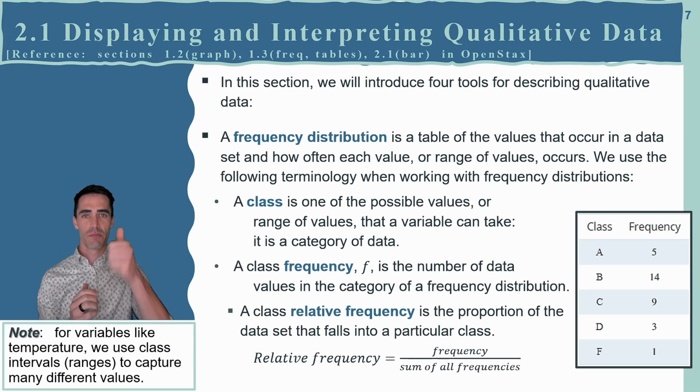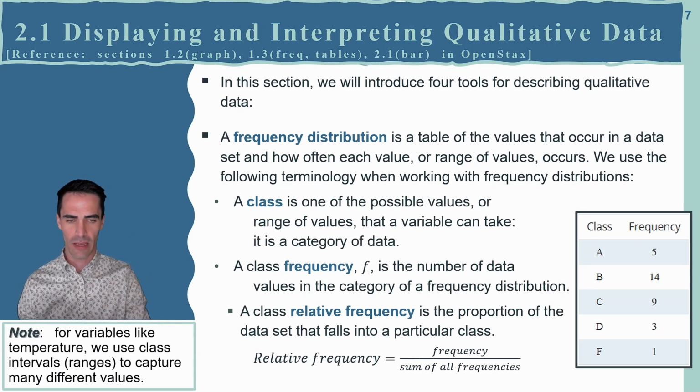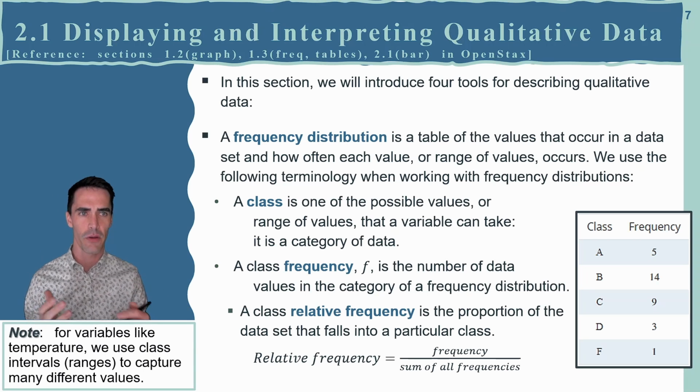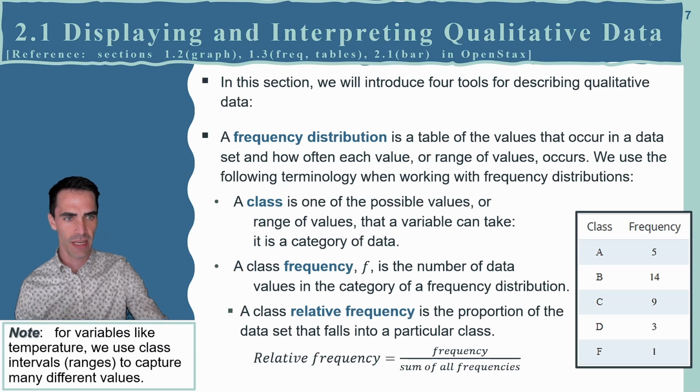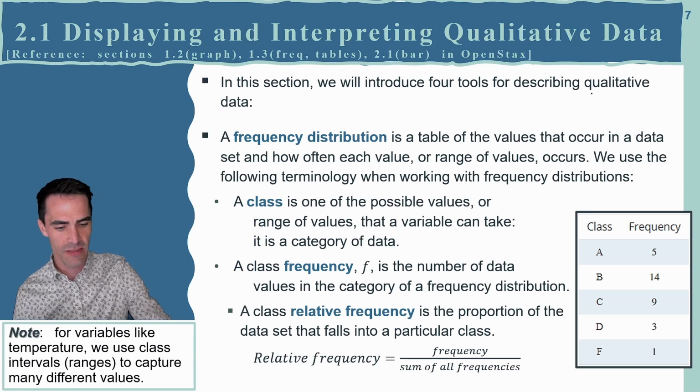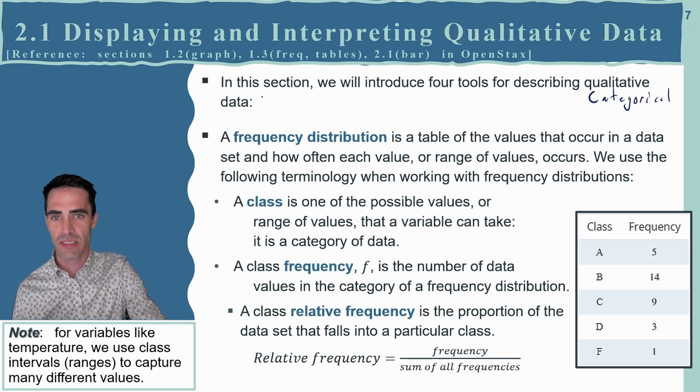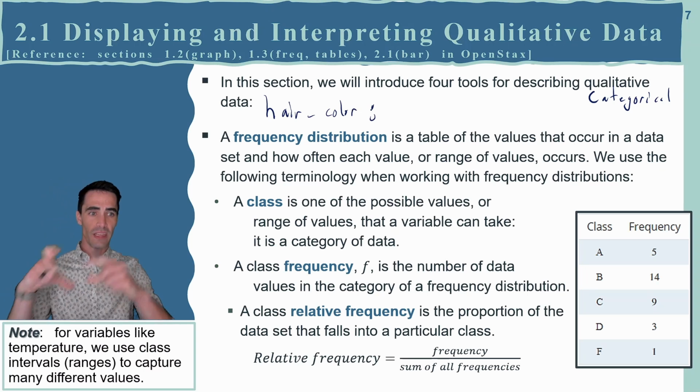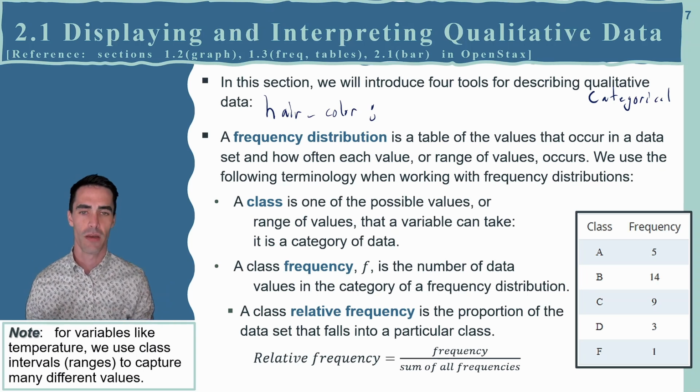So I want to talk about displaying and interpreting qualitative data. And the first question to bring up is, okay, what do we mean by qualitative data? You'll remember qualitative data is data which is categorical in nature. Some examples might be something like hair color is a good one. Again, something that we can fit in categories that we can put things into.